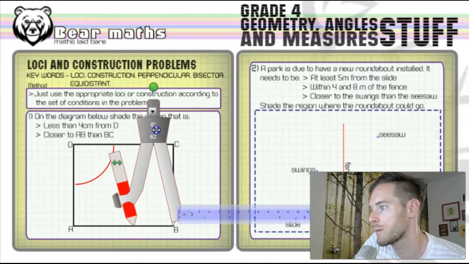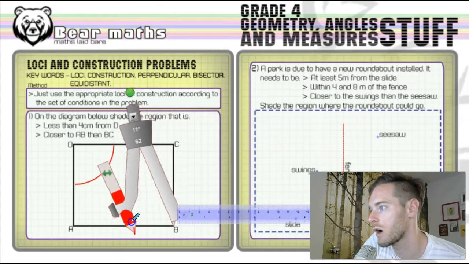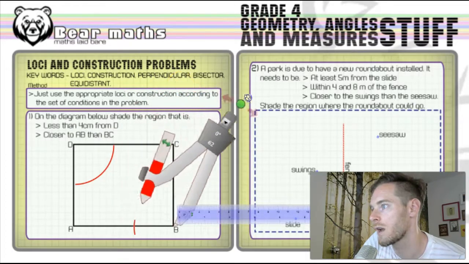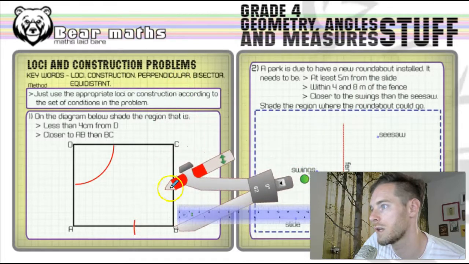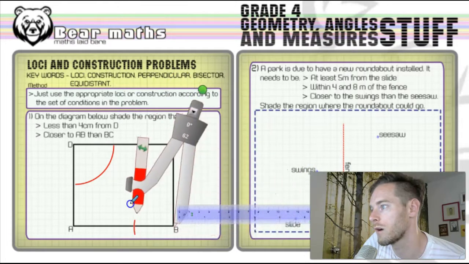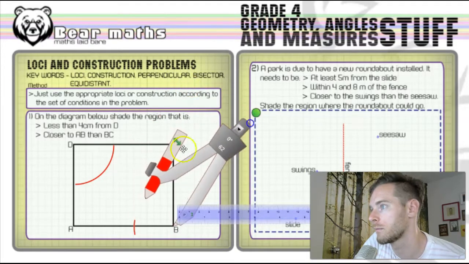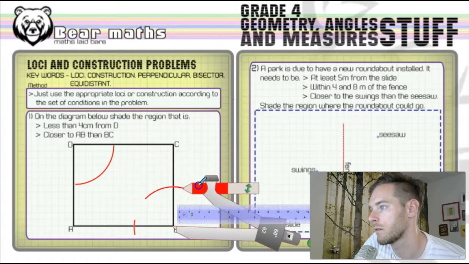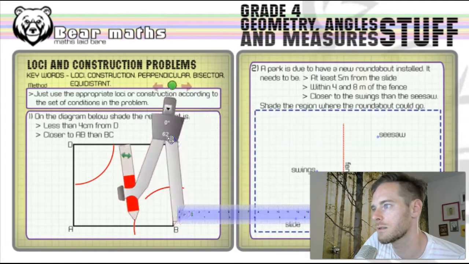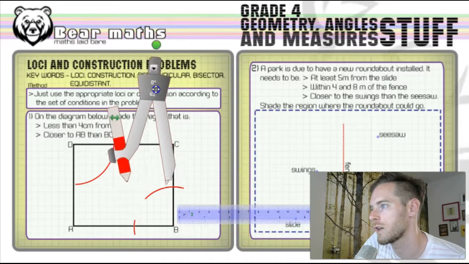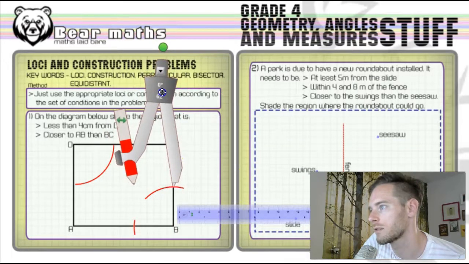So we go from point B, and I draw an arc over the line AB and an arc over the other line, BC. It doesn't really matter what size that arc is, because we're just using it as a point to go from.